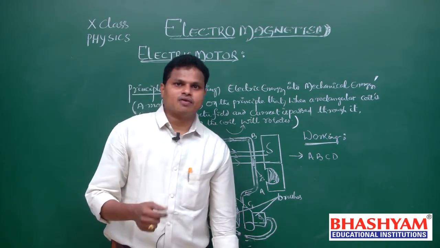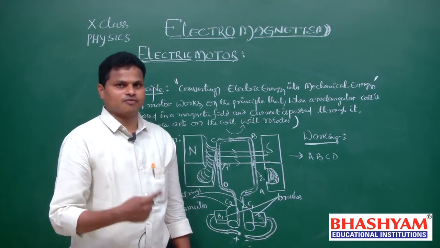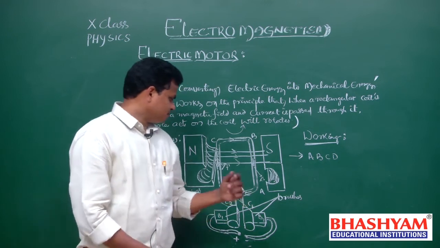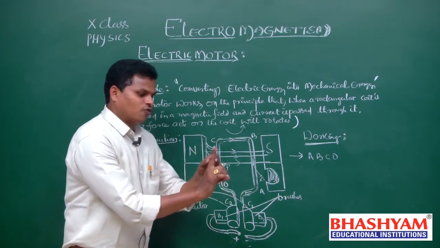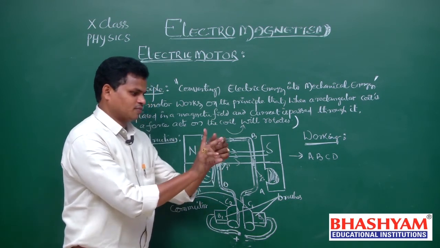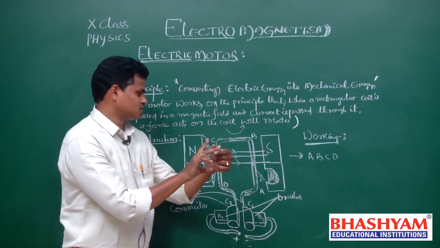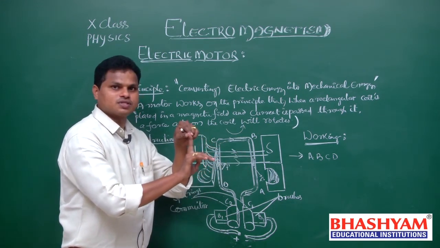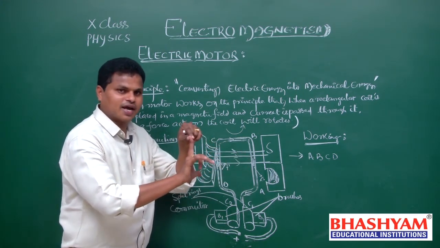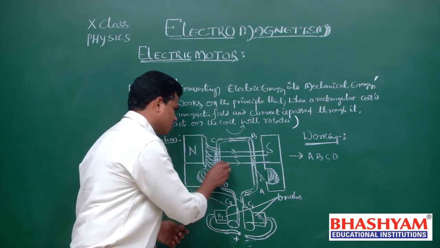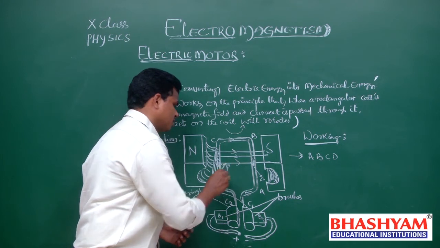Now by using the right hand rule, you can find the direction of magnetic force. You know that the forefinger points towards current, the middle finger points towards field, and the thumb gives the direction of force, which means inward to the field. Inward.